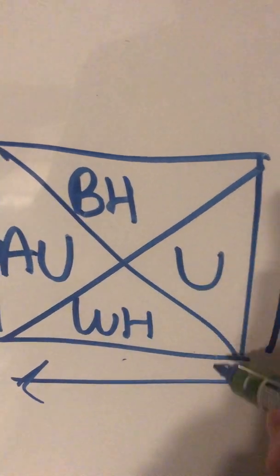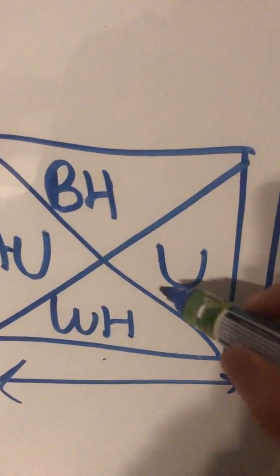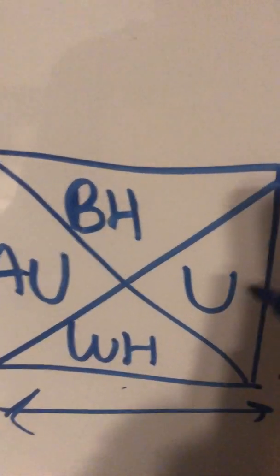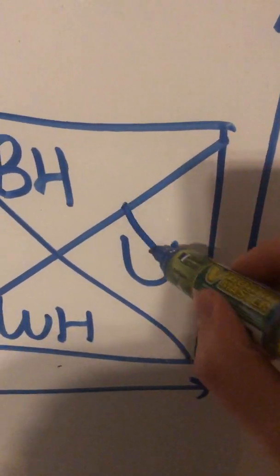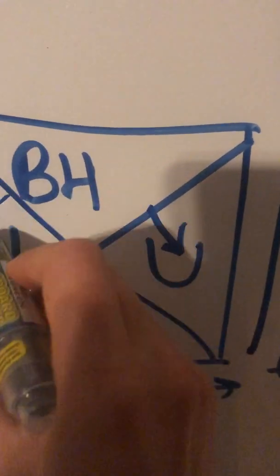Whatever you're inside of a triangle, you're in a constant speed of light. The speed of light, or information in this diagram, has to travel at 45-degree angles.